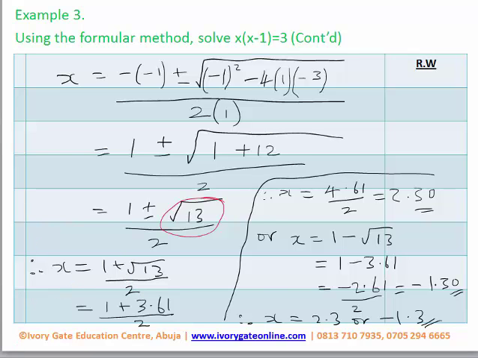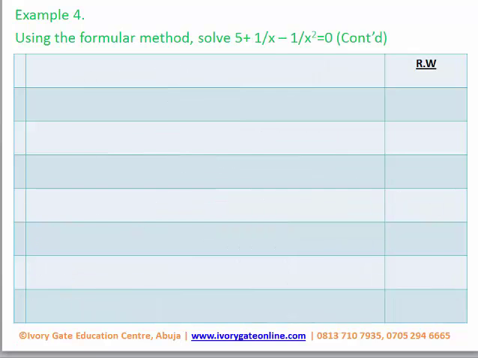Finally, we flip over to the next one. Another disguised form of quadratic equation. Here we have 5 plus 1 over x minus 1 over x squared is equal to 0.